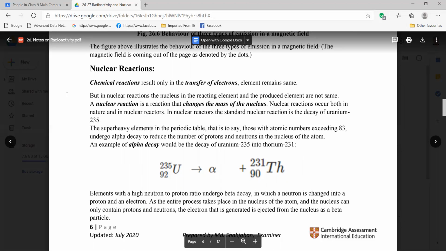If you think of carbon, carbon has 6 protons, that's why it's carbon. Oxygen has 8 protons, that's why it's oxygen. Hydrogen has only 1 proton, that's why it's hydrogen. So if we somehow change the number of protons inside the nucleus of hydrogen, then it's no more hydrogen, it becomes helium. Got this point?